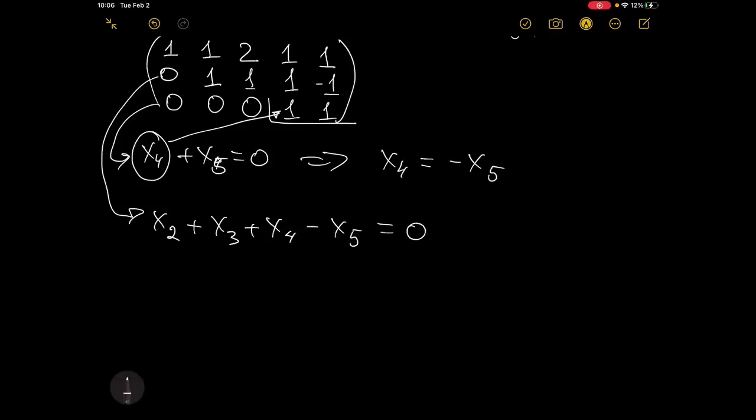So obviously, I can always express my current leading variable, this one, through all other previous variables, right?